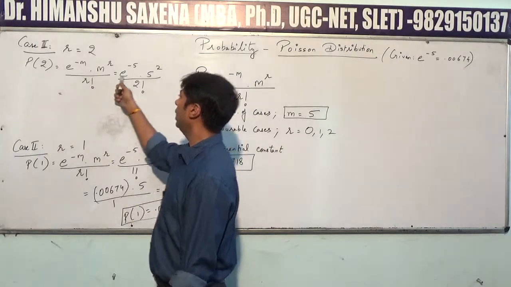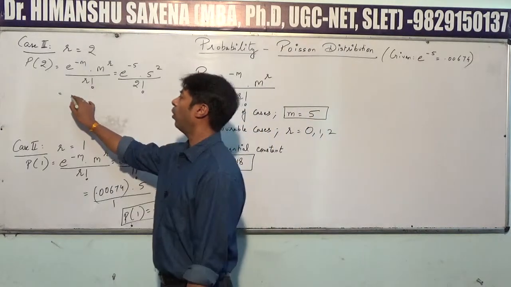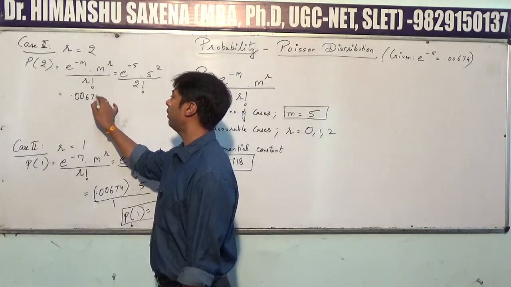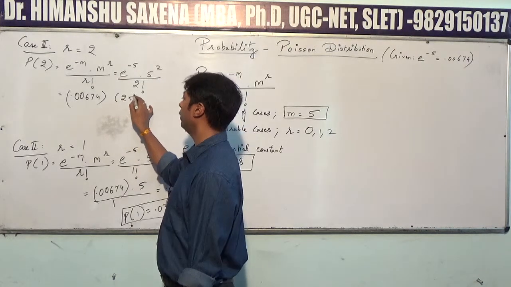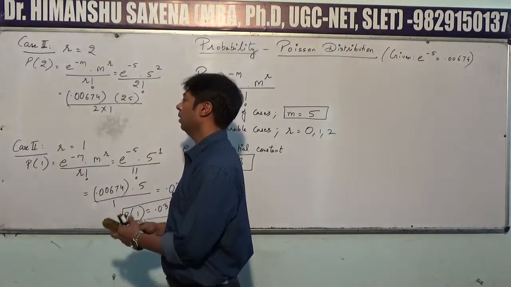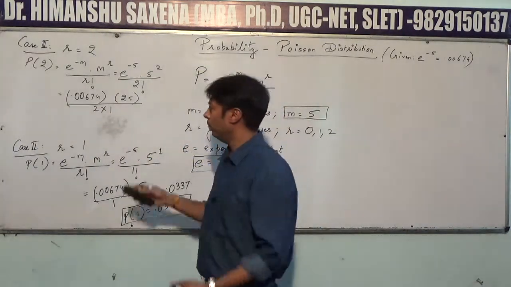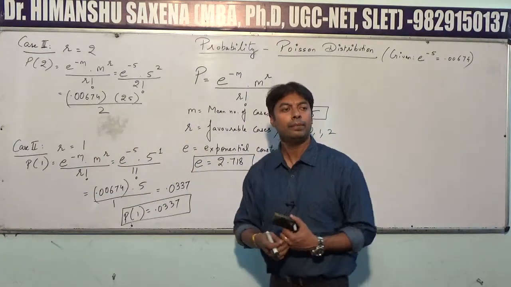So when we solve it, we know that the value of e raised to the power minus 5 is 0.00674. You know that 5 square is equal to 25, and 2 factorial is 2 into 1. You multiply 2 by 1, ultimately 2 factorial will be equal to 2 only.